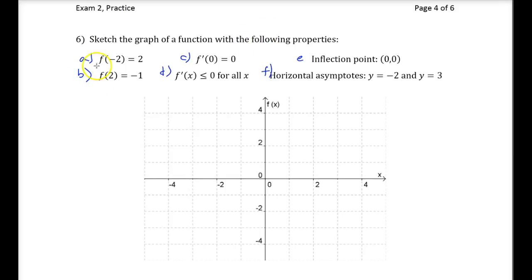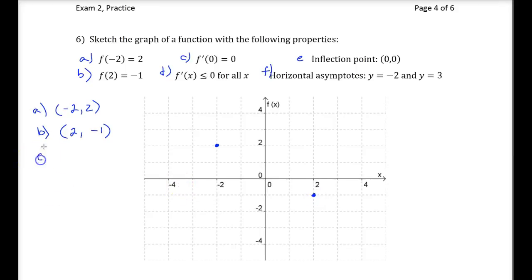Okay. So for A, what that's telling me is that I actually have the point (-2, 2) on the graph. So if we look here, we know that we have this defined point on the graph. For B, this is telling me I have the defined point (-1) on the graph. So that would be here.